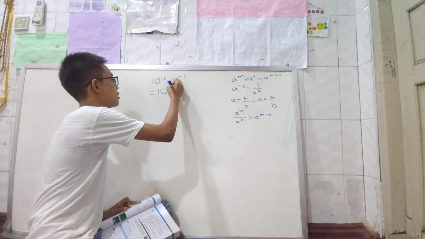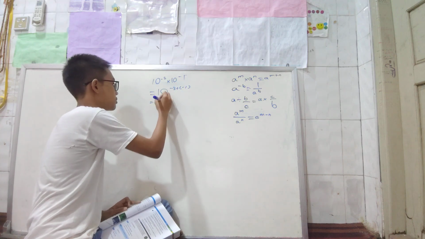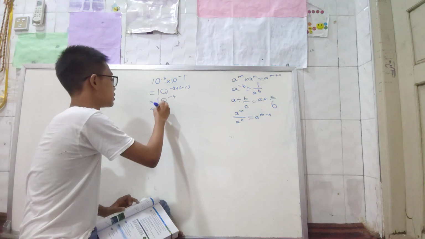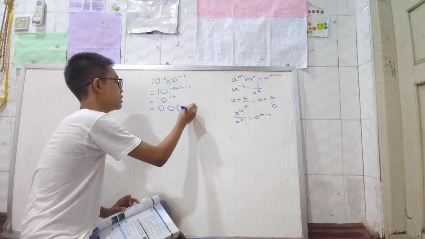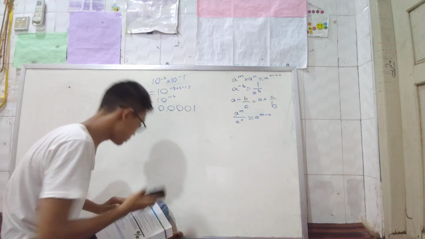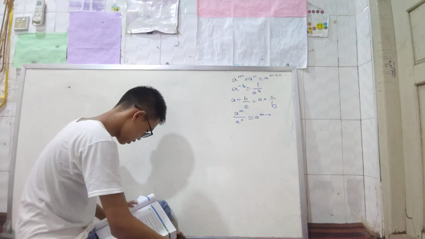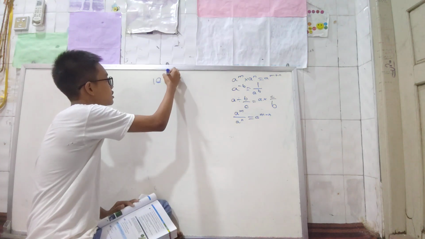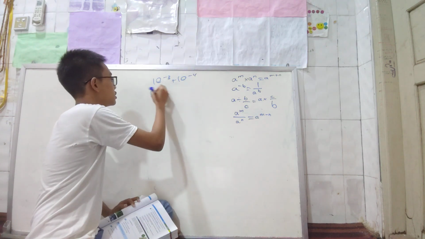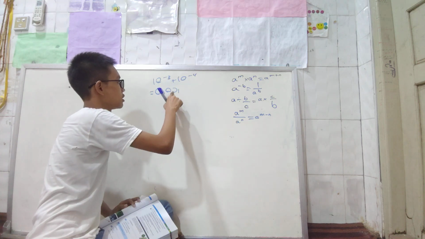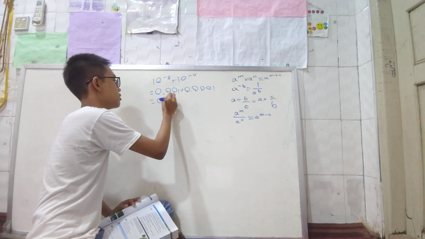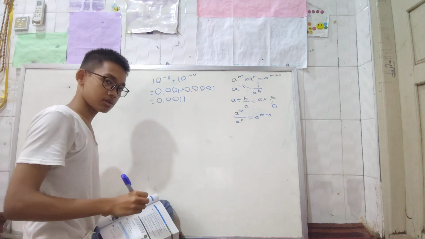We're going to use that again. So minus 3 plus minus 1, that's then 10 to the power of minus 4, which is then equal to 0.0001. Get it? So number 7 is another addition problem, which says 10 to the power of minus 3 plus 10 to the power of minus 4, which is 0.001 plus 0.0001, which is then equal to 0.0011. Okay?